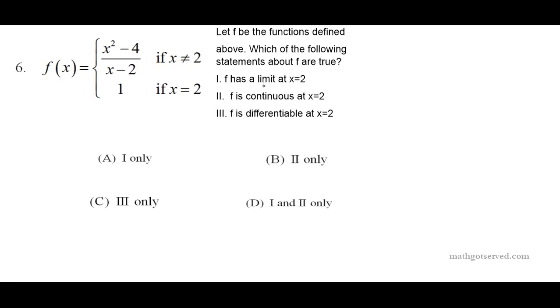So the first one is f has a limit at x equals 2. For this first option, we are trying to find the limit as x approaches 2 of this function. A good way to approach a piecewise defined function is to give yourself a visual so you can really understand what is going on here. At x equals 2, something interesting is happening.